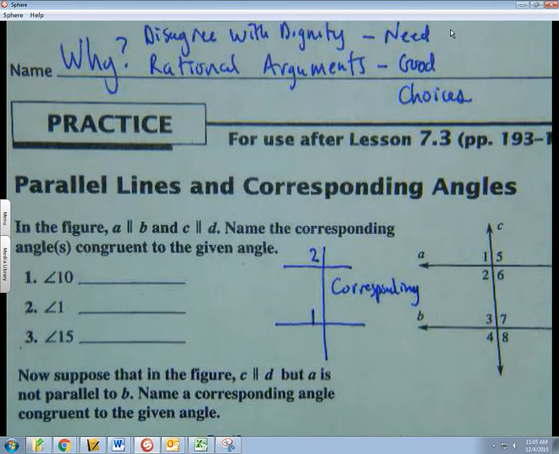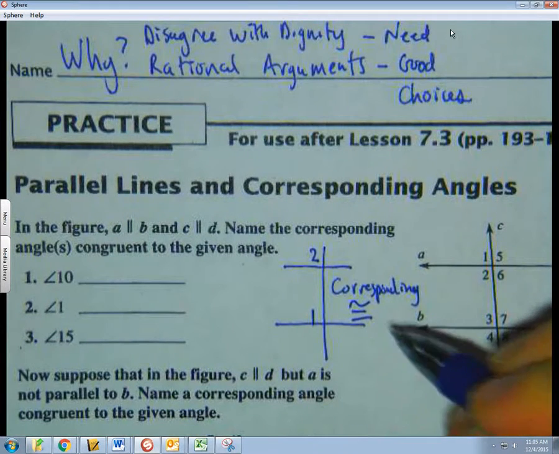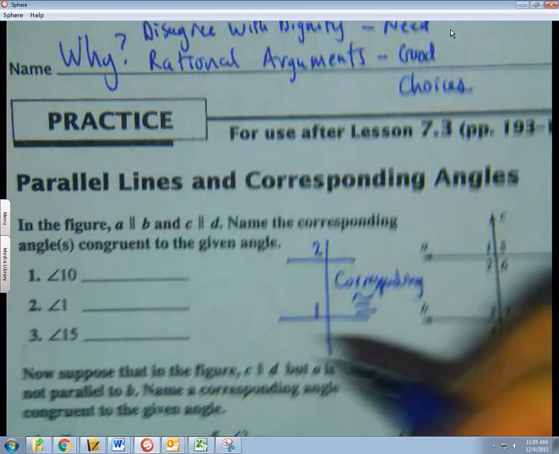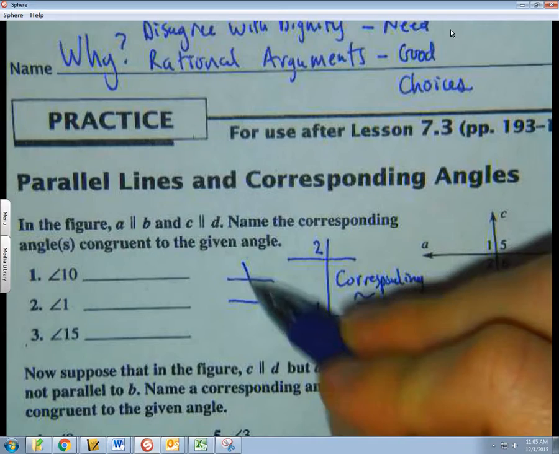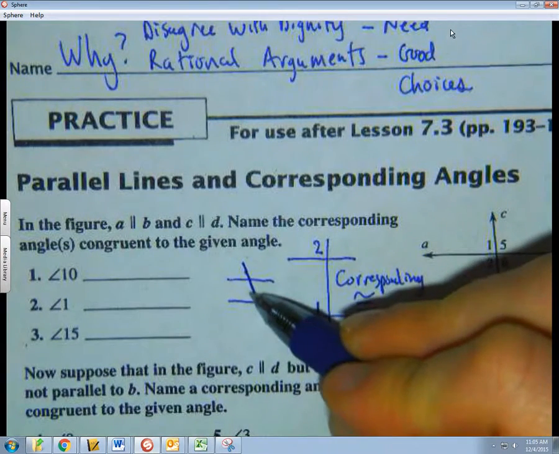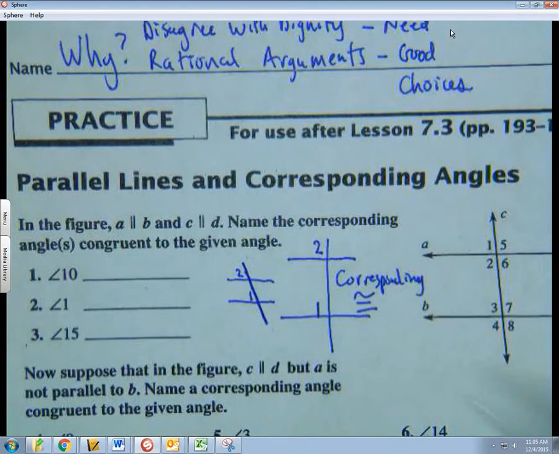And one thing you should remember about corresponding is that they are congruent. That's probably not the best picture. And maybe if we drew a picture like this, you could really see how 1 and 2 are going to have the same angles.